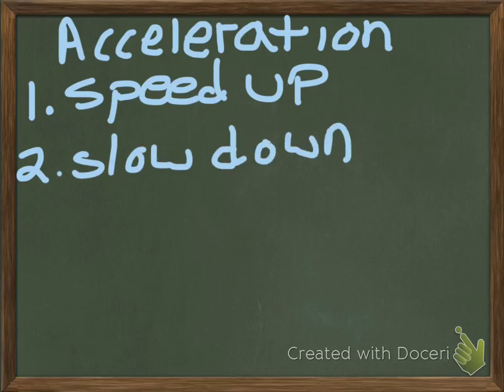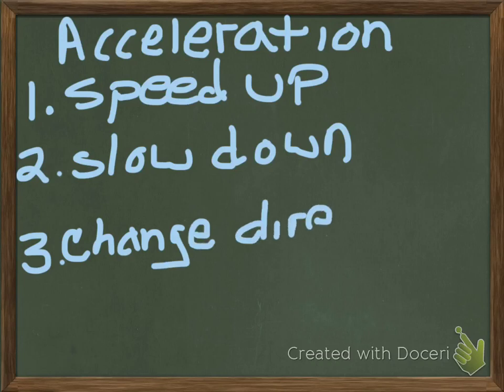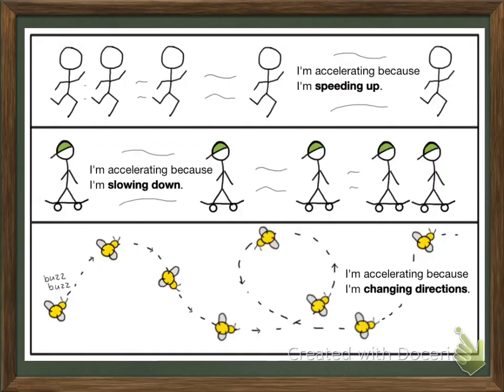Now, you may have heard somebody say decelerate, and it's not really a word. When we have something slowing down, it's still an acceleration, it just has a negative value. So it's a negative acceleration when we slow down. And the last one is any change in direction. So if I'm walking in one direction and I turn, that is still an acceleration, even if you're traveling at the exact same speed. So let's look at some scenarios here.